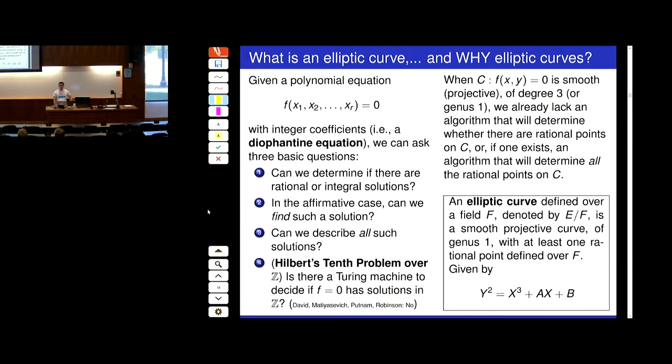We are actually interested in all the cubic equations. If somebody has not seen elliptic curves, it seems like, why are you concentrating on these very particular elliptic curves? It's because all the cubic equations that are projective, genus 1, smooth, with at least one point, I can bring them to this simpler form.